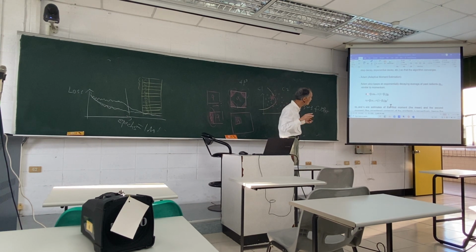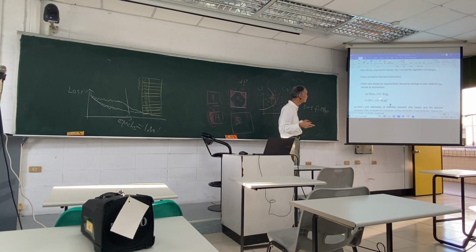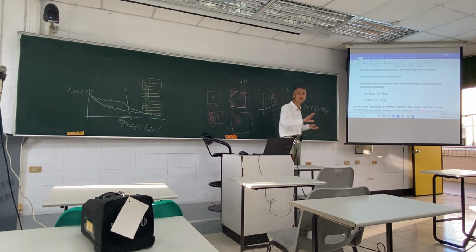Now, this next step is the previous step, moving average. So it updates the moving average based on the gradient. It updates the second moment, okay, based on another weight called beta 1 and beta 2, nothing else.